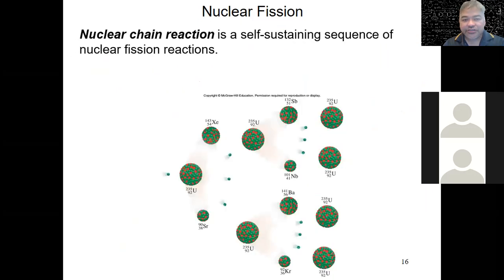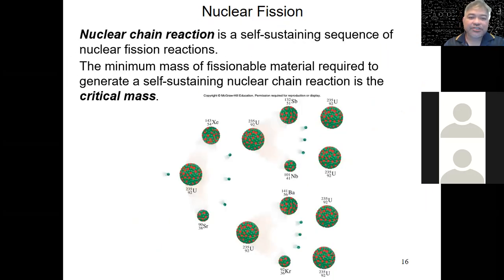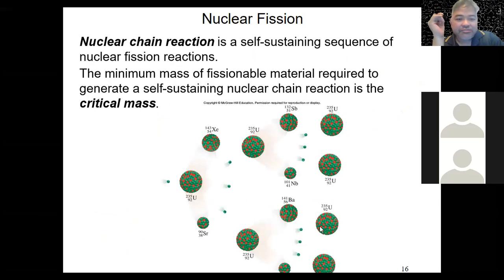Okay, so in a nuclear fission, you can have this self-sustaining sequence, the so-called nuclear chain reaction, and you can divide them as subcritical, critical, and supercritical. When you have a chain reaction, the nuclear fission is self-sustaining.